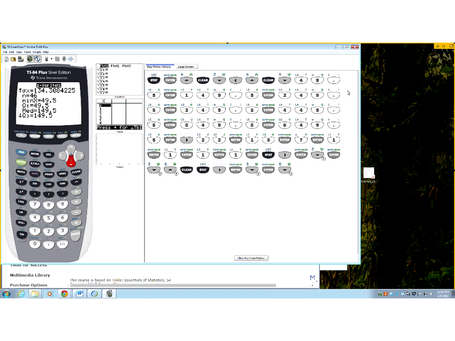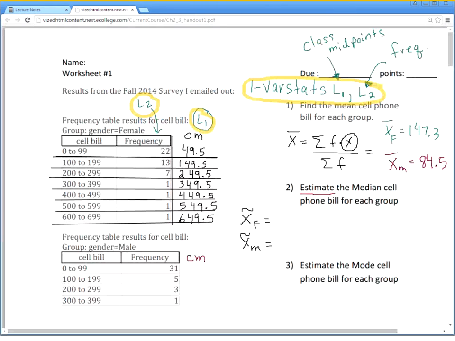Okay, so 149.5. Again, it's in the same window. You just have to scroll down. So if you have the mean, you have the median as well. You just have to look for it.